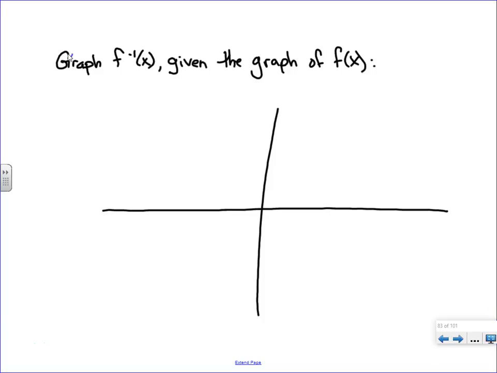What if I was to give something like -3, 0. Let's go with 0, 0. Let's go with -1, -2.